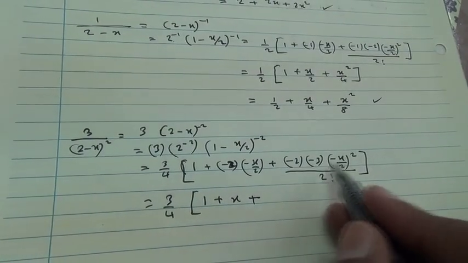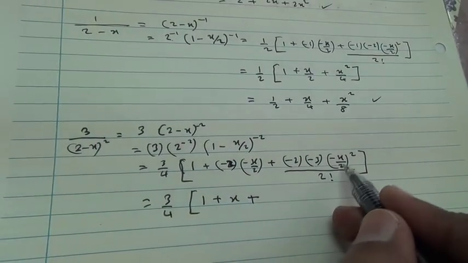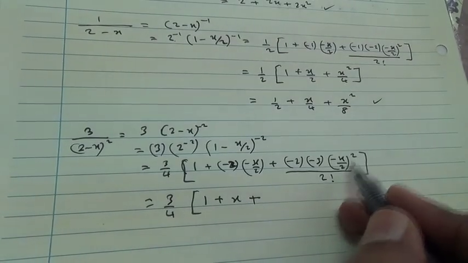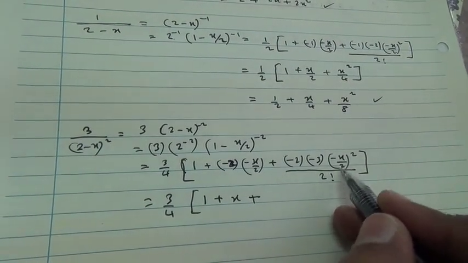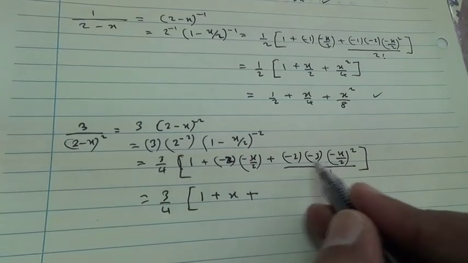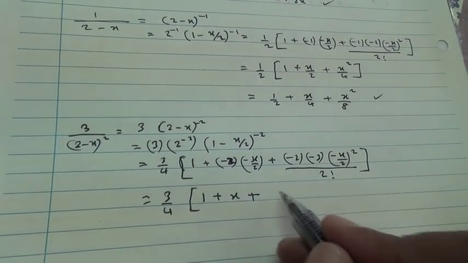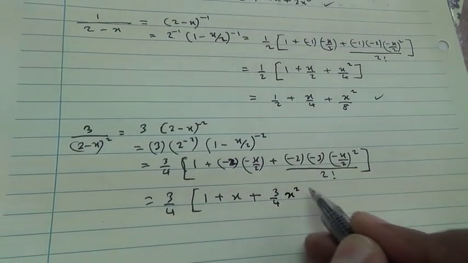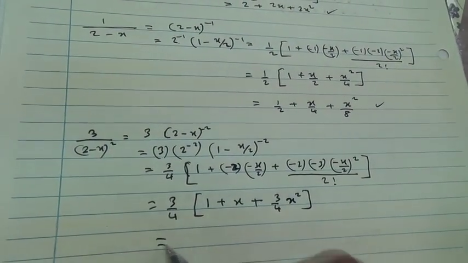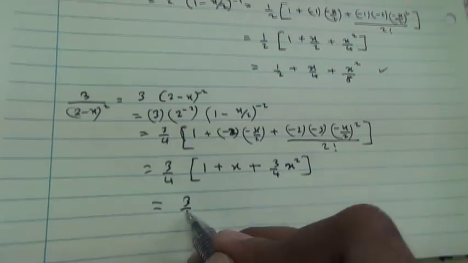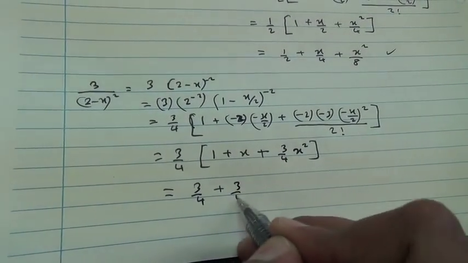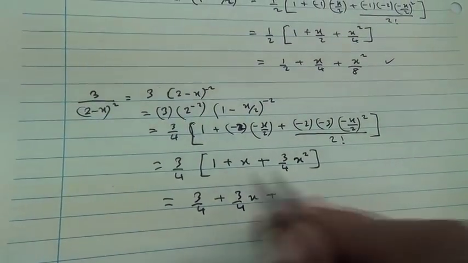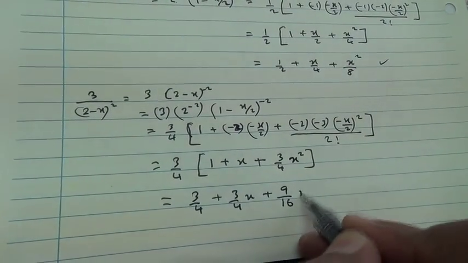And so we have 3 times 1/4, because 2 squared is 4, so 1 over 4, 1/4 times 3 is 3/4, isn't it? 3/4 x squared. Hence this is going to lead us to 3/4 plus 3/4 x plus 9 over 16 x squared.